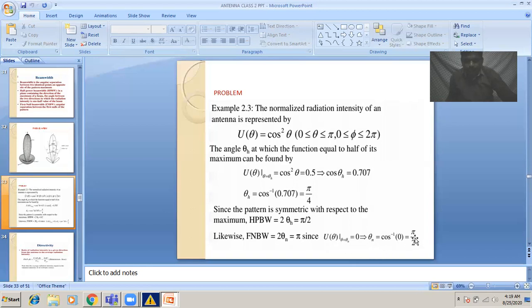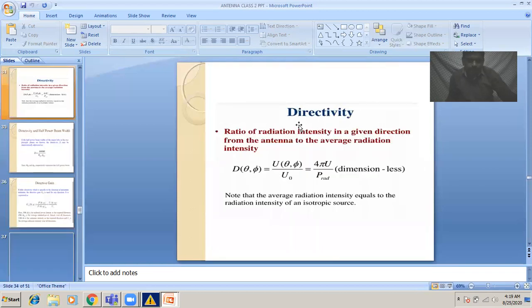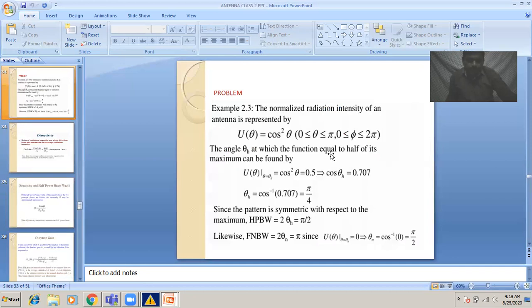Therefore theta is coming about pi by 2. This type of problems are generally seen in unit 1, and a lot of problems are there in the unit 1 material that is already sent to you. You can go through that. If any doubt, you can call me also.